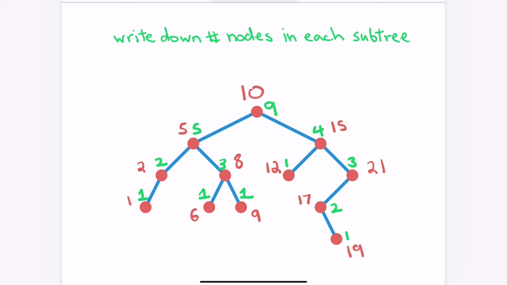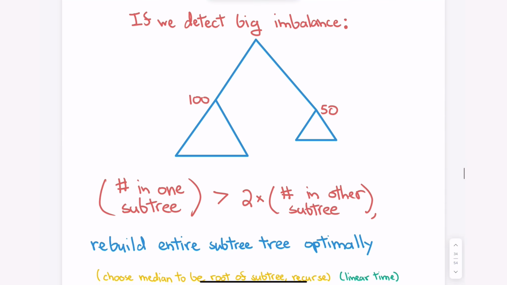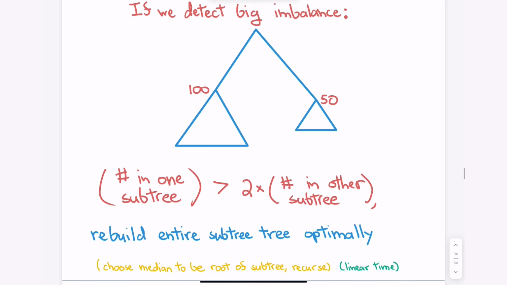Just to recap, the first step is to write down for every subtree how many nodes are in the subtree. As you insert a key and it goes down to the bottom, you just update the count, plus one, it's not a big deal. Remember, our goal is to have balanced subtrees, so that will basically be our algorithm. Whenever I find a subtree where one side is, say, twice as big as the other, I'll just rebuild the whole thing.